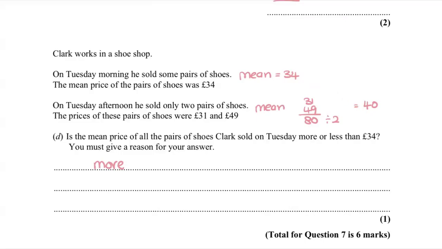You could also argue that 31 is only 3 less than the 34, and the 49 is 15 more, which is substantially more, and again, going to create a greater mean for the entire day.